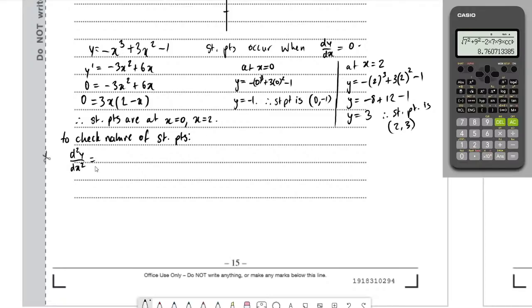So the second derivative in this case is going to be minus 6x plus 6. At x is equal to 0, my second derivative is equal to 6, so therefore it is a minimum, because the cave is pointing up.